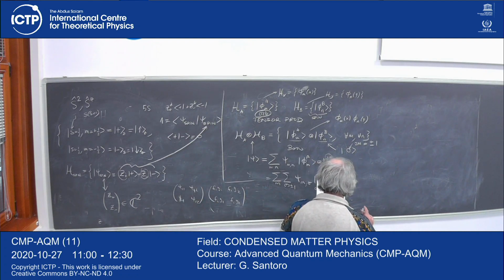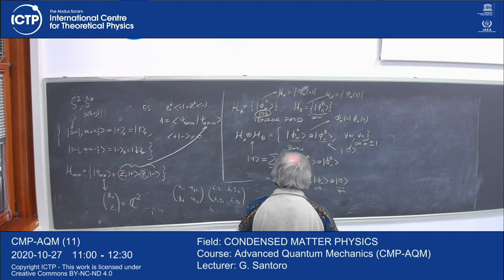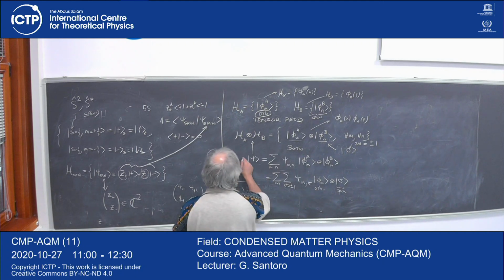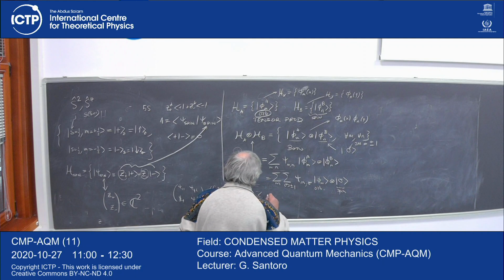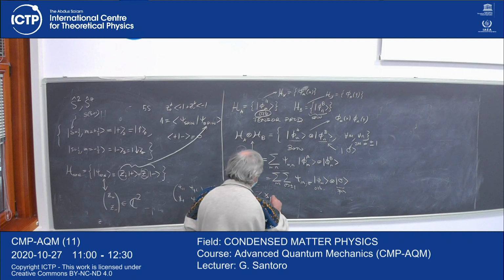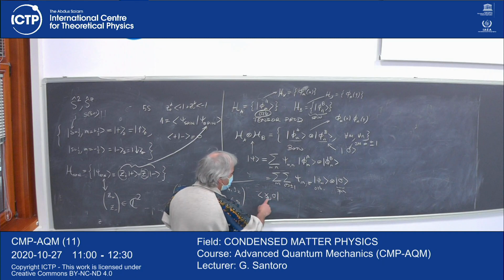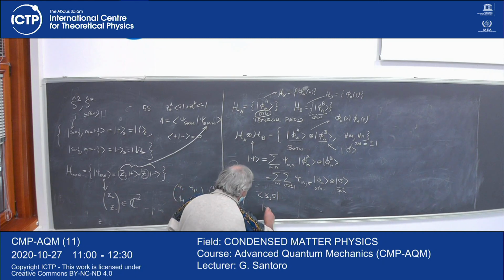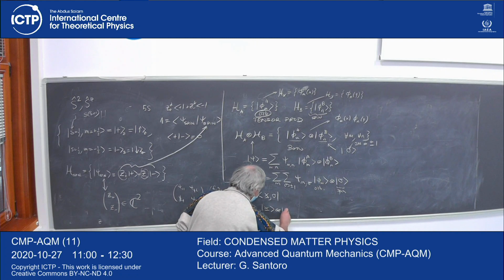Simply remember that, for instance, if I try to calculate the wave function of this thing, in principle I have to evaluate at some position x and with some spin sigma. What is this? This is the bra corresponding to a factorized state of this kind.